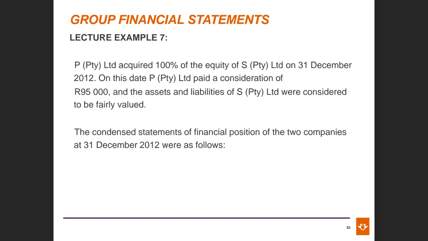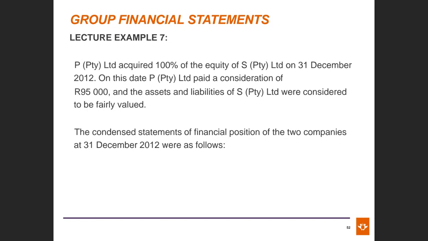So in example 7, here we have P Limited acquired 100% of the equity of S Limited on 31 December 2012. On this date, P Limited paid a consideration of 95,000 and the assets and liabilities of S Limited were considered to be fairly valued. So the condensed statement of financial position of the two companies at 31 December 2012 were as follows.